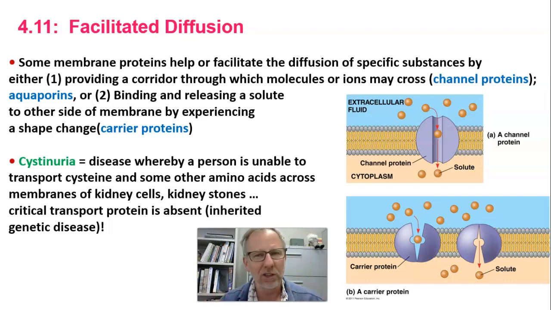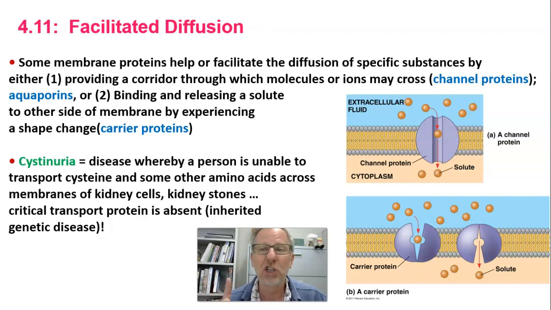The solution is that cells put special transport proteins into the membrane. They are facilitating or helping the substance to move across. There are two kinds of transport proteins that help with facilitated diffusion.